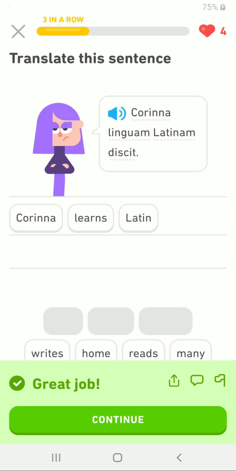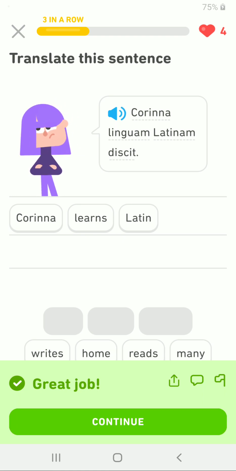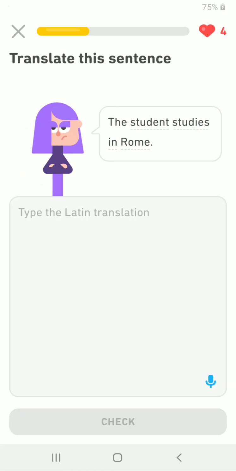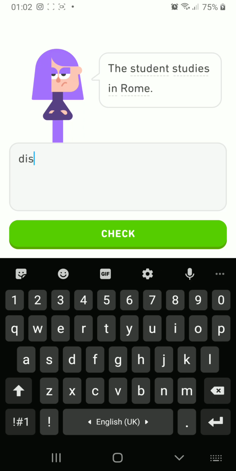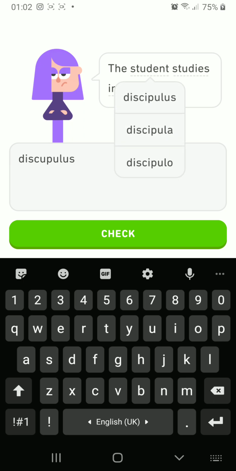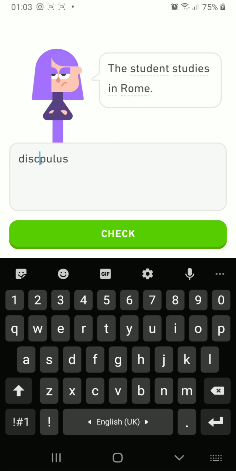Discit. Exactly. Disco is I study. Discis probably is for the second singular person. The student, discipulos. Let's see if I'm right.